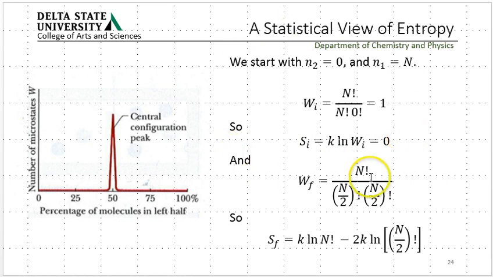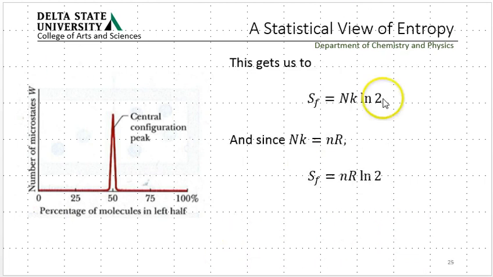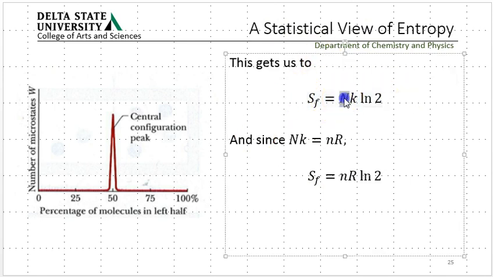And then if we look at what our final multiplicity is, where half the molecules are on one side and half on the other side, we can break that down using Stirling's approximation for log N factorial. What we end up with is that the entropy is the number of molecules times the Boltzmann constant times the log of 2.